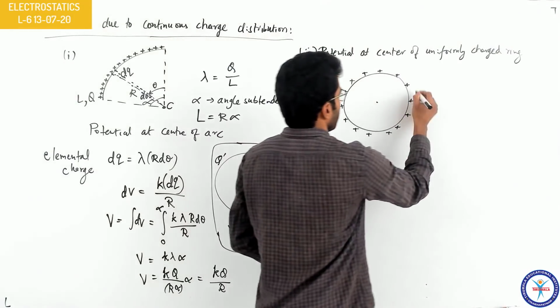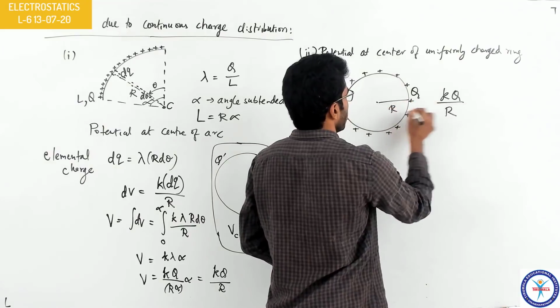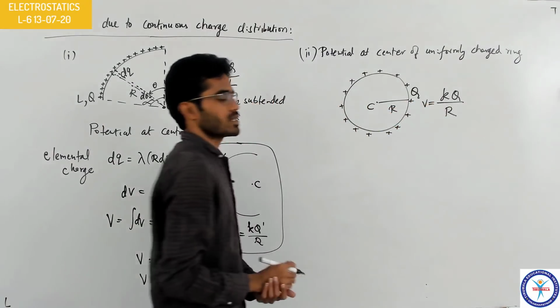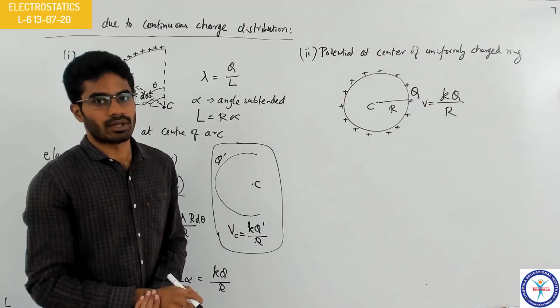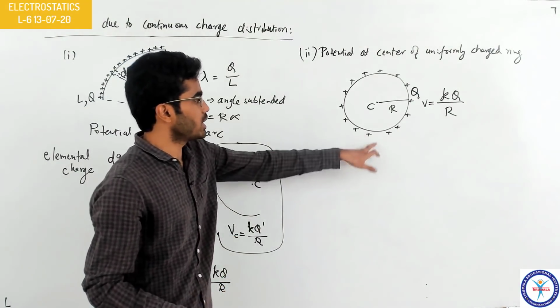You can straight away write it as, if the total charge is q, it will be kq by r again. R is the radius. At the center, it is very easy to calculate the potential. It is difficult to calculate the potential at any other point because the distance will be different.